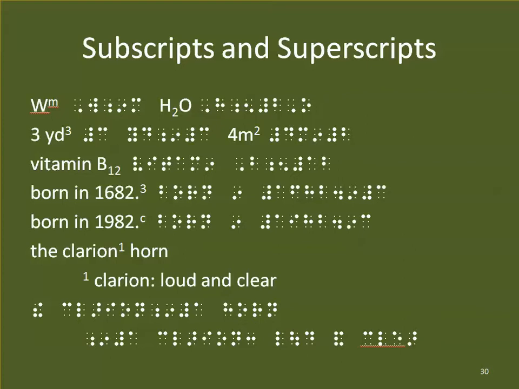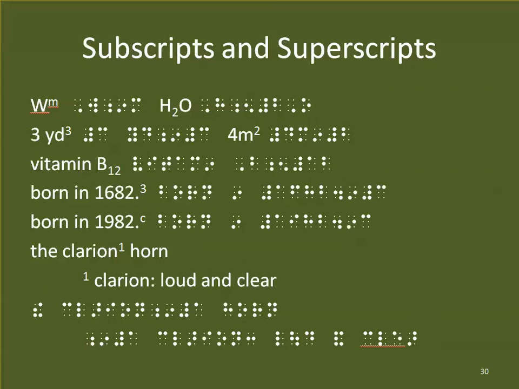So we don't need the grade 1 symbol indicator there for the superscript position. But we do need to start up numeric mode again for the 2. Vitamin B12, 12 is subscript. So vitamin B, we're in grade 2 or contracted Braille, so we need that grade 1 mode indicator there for the subscript indicator, and then our numeric mode and 12.